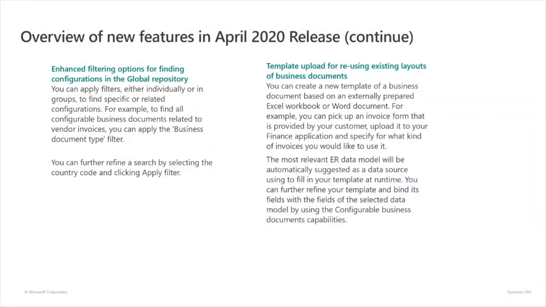Which, let's say, your vendor sent to you, right, in Excel format, and then you can just take it and import it to the system and start working with this template, right? So it simplifies the customization story for you, so you can start from an already existing template.